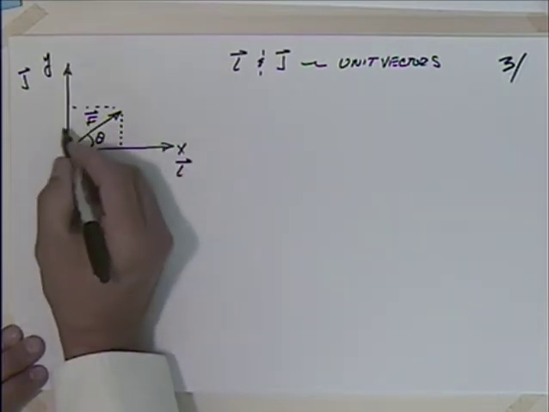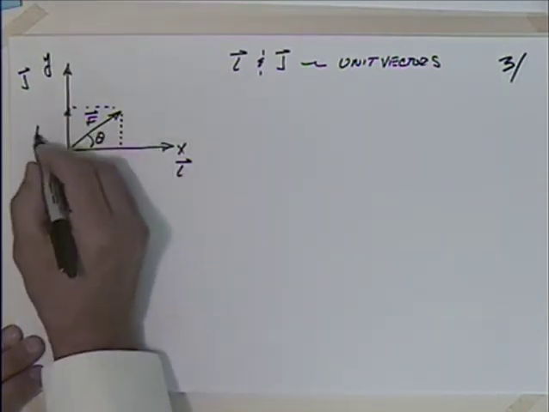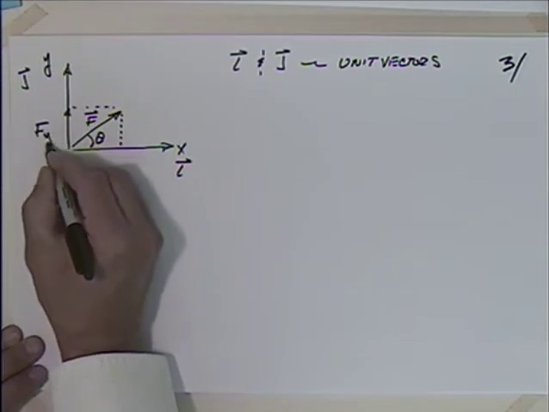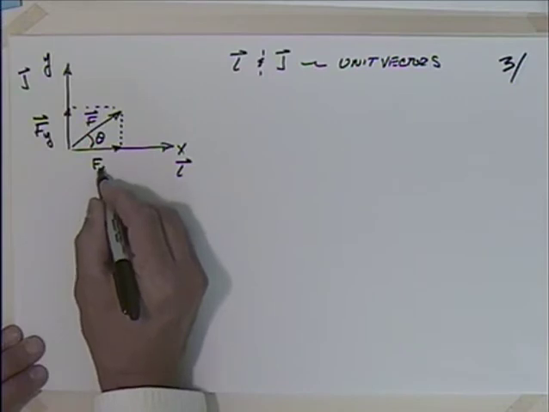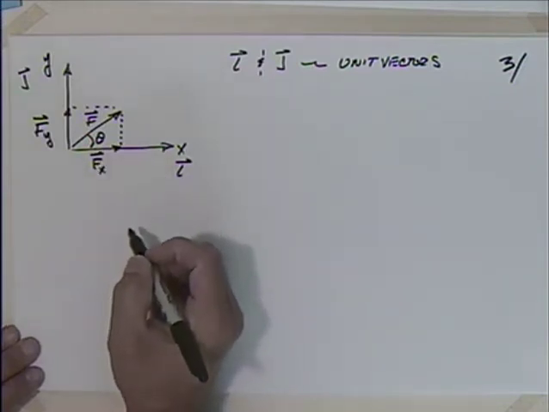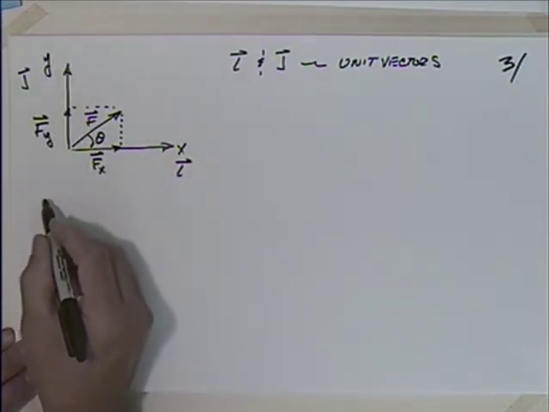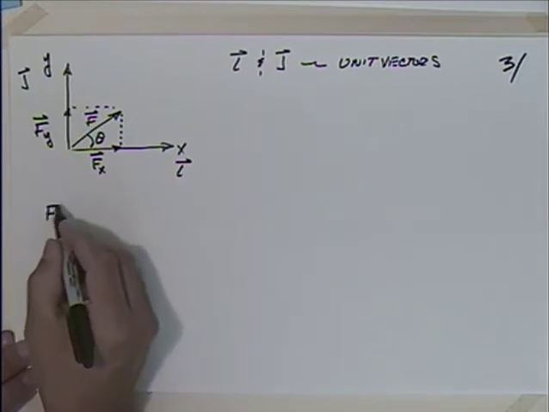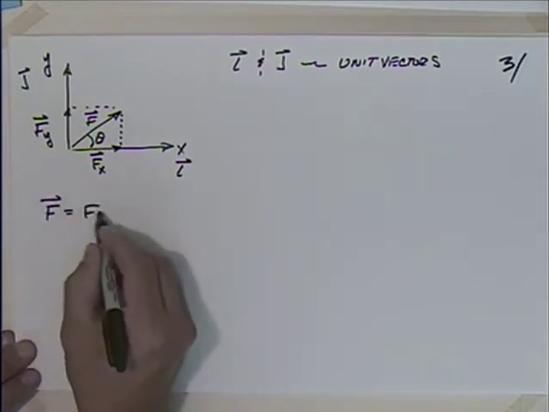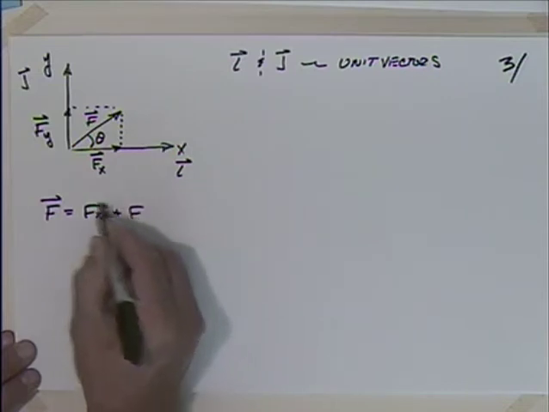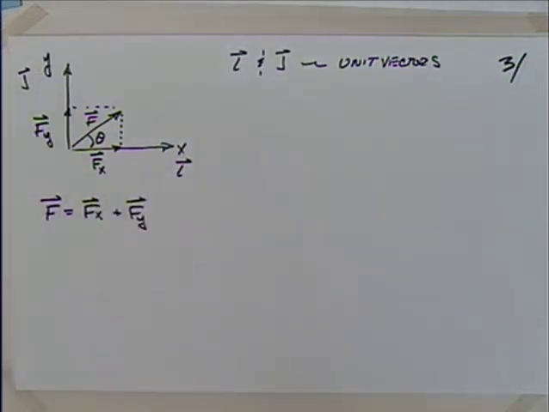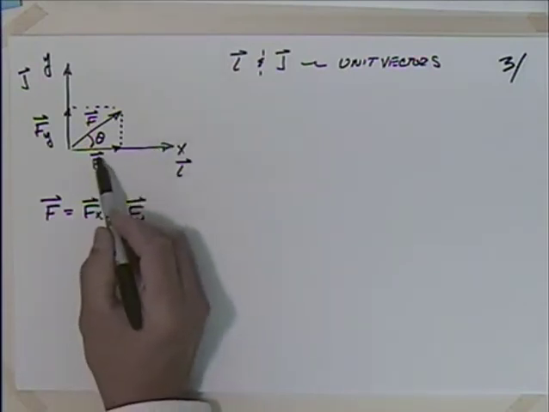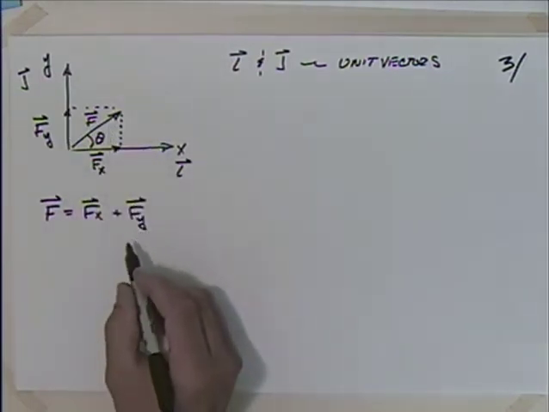We could talk about this as the F sub y, and this as the F sub x, the x piece and the y piece. So summing up what I've got there, I could say that F is really equal to Fx plus Fy, couldn't I? I mean, if you believe in adding vectors tip to tail, if I add this Fx to this Fy, I will get that F.